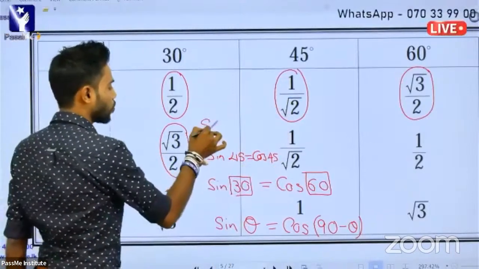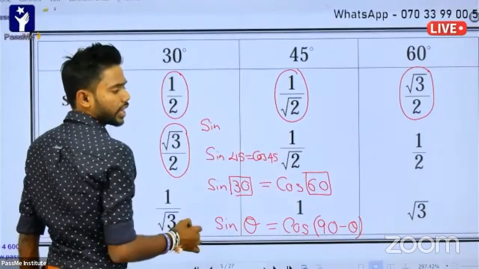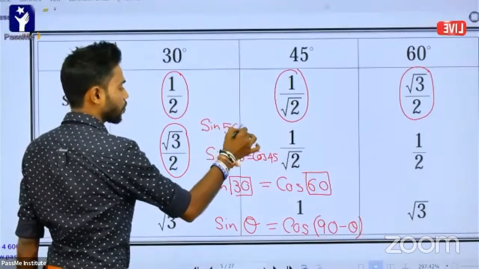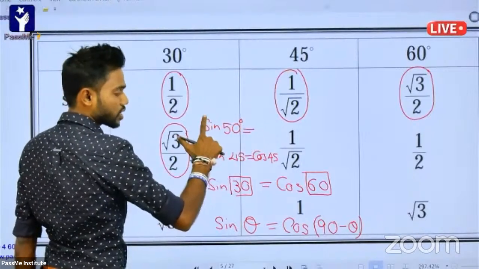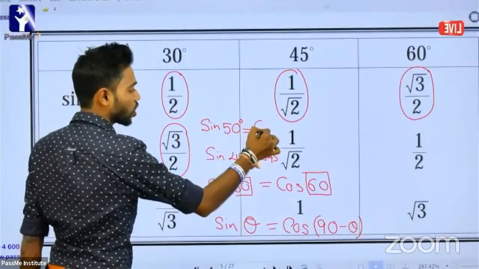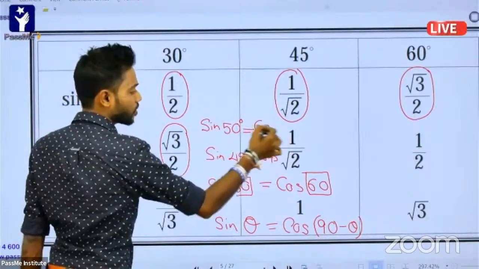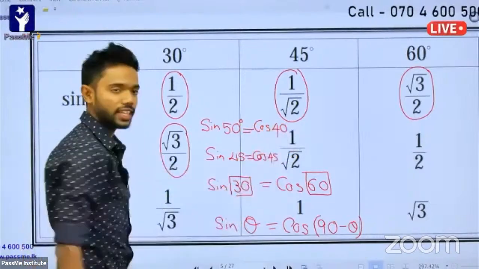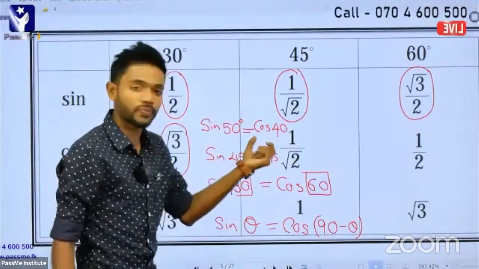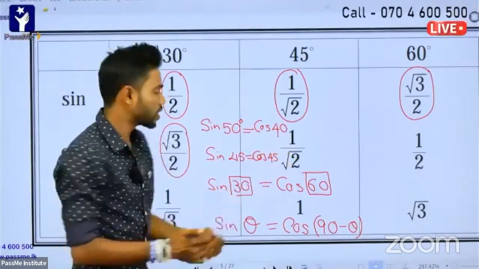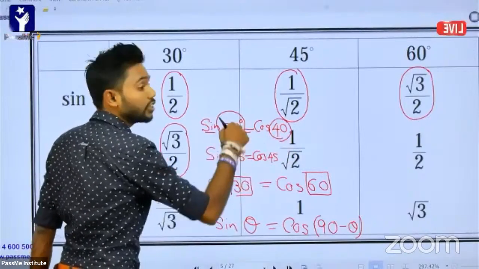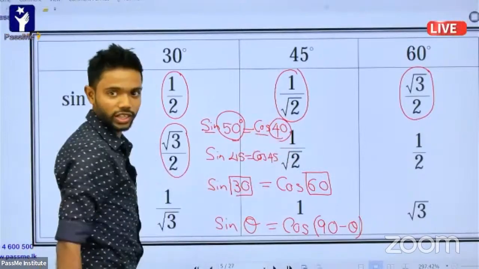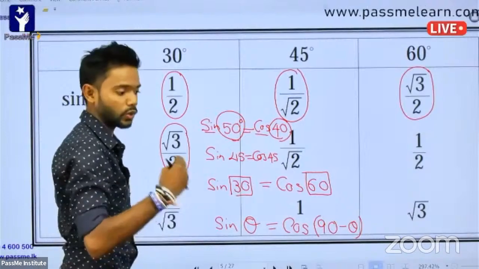And if you want to find, let's say, sine 50, which is not included here, sine 50 is equal to cos 40, very simple. Why? Because 50 plus 40 becomes 90. So the first thing you need to remember is that sine converts into cosine.